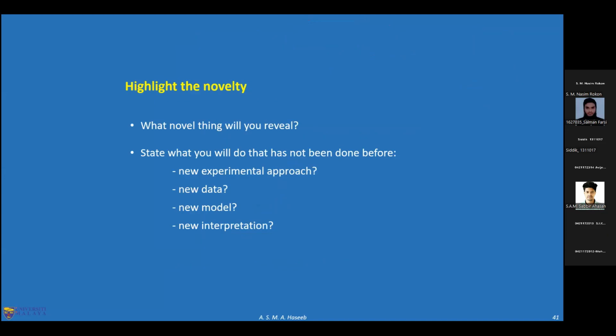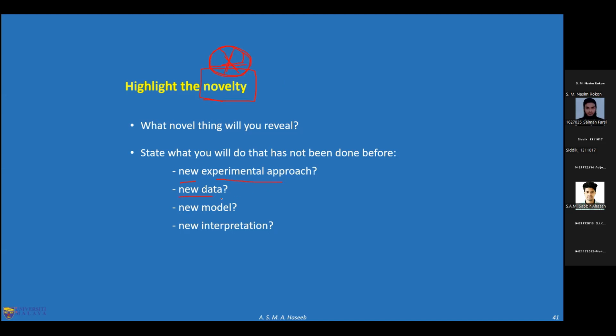So you need to highlight this particular thing. What is new? They will ask you this question all the time, because you are creating new knowledge. If you write your paper giving the old knowledge that is known already, then nobody will be interested. So you have to reveal in a very clear way what is new in your work. It could be a new experimental approach.